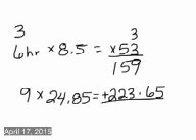What? 6 times 8.5 is 51. It is? Yeah. So if that's 51, then this should be 153? Yeah. Okay. So now what's 153 plus 223.65?